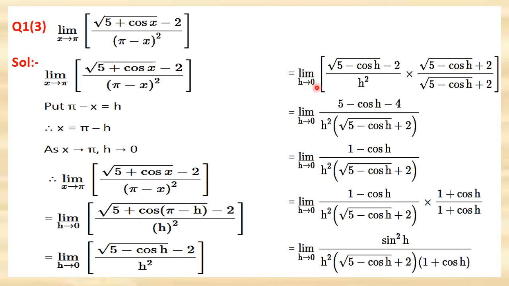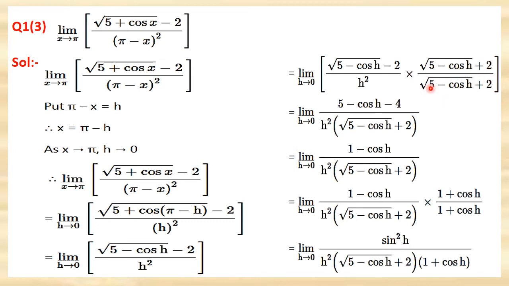Now this is a limit containing a square root, so we will multiply both the numerator and denominator by the conjugate, that is root of (5 minus cos h) plus 2. That is limit h tends to 0, (root of (5 minus cos h) minus 2) into (root of (5 minus cos h) plus 2), upon h square into (root of (5 minus cos h) plus 2).